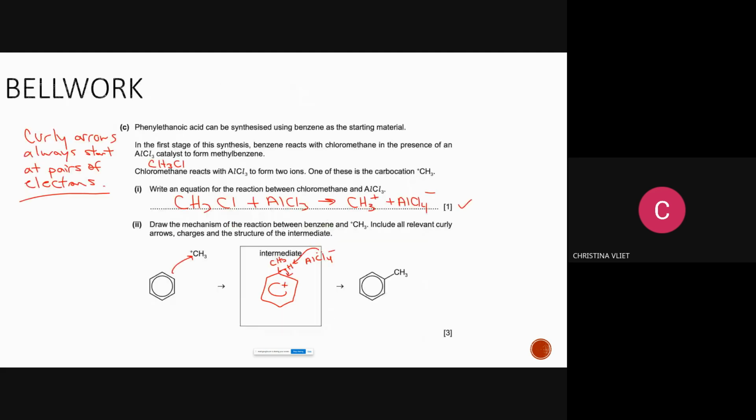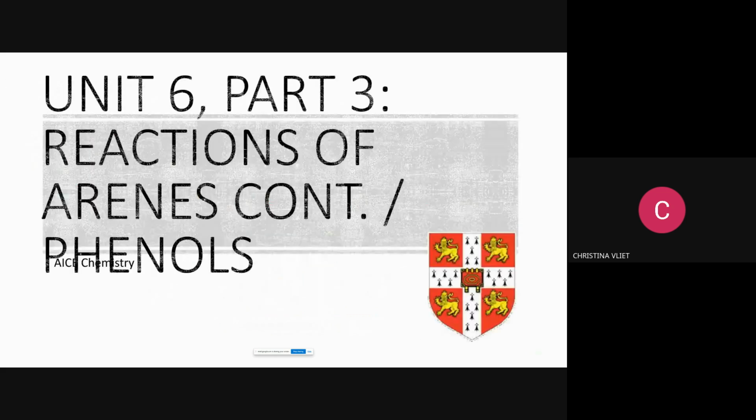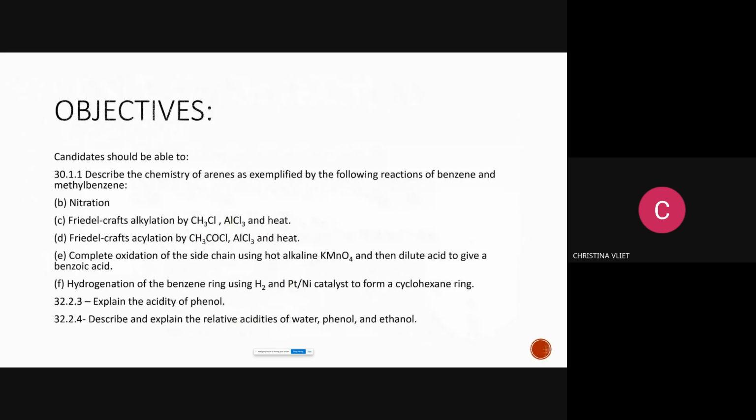from organic. All right, so let's get to today's lesson, which is technically a continuation of last class's lesson. We're still working with reactions in benzene, and we're also going to be starting into phenol. So, Unit 6, Part 3. These are our objectives. We're going to be going over nitration today, which means how do we get NO2 on a ring?